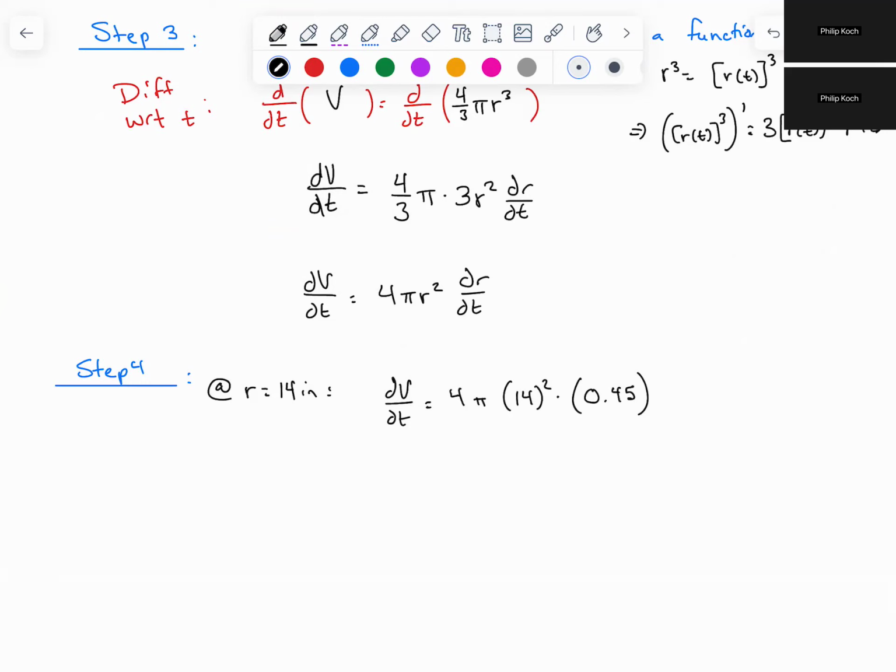If I plug that in and calculate it, 4 times pi times 14 squared times 0.45, you get approximately 1108.35. And John Doe student, silly John Doe, boxes this in. Why is it going to get marked off 1 point?